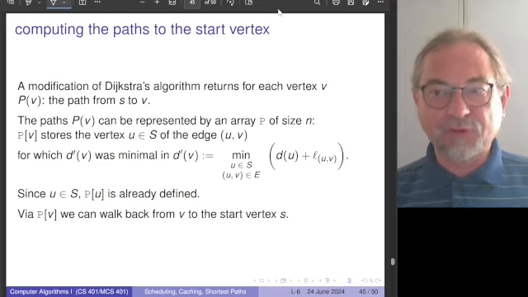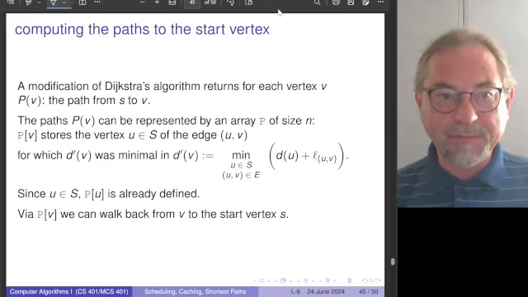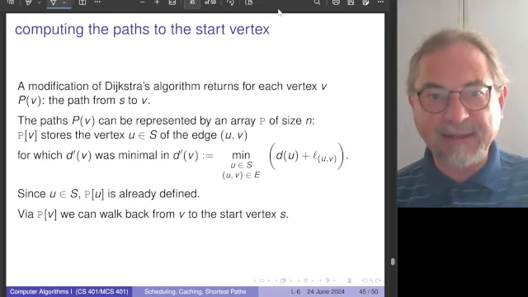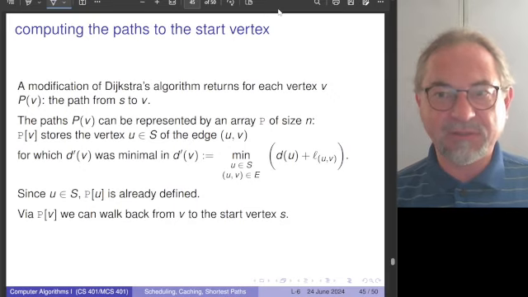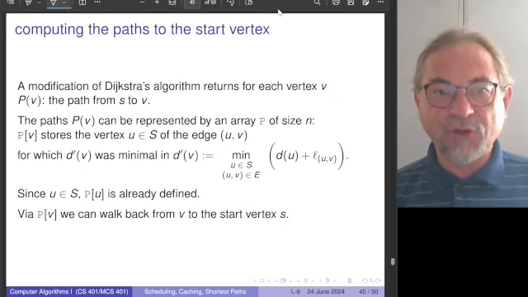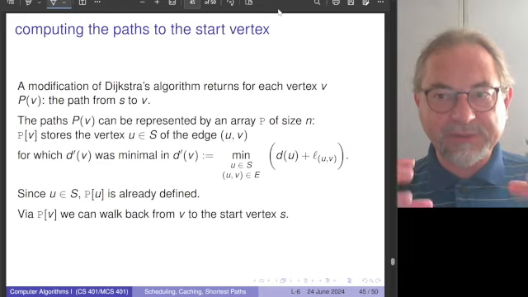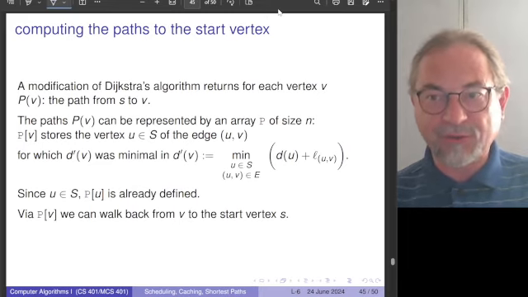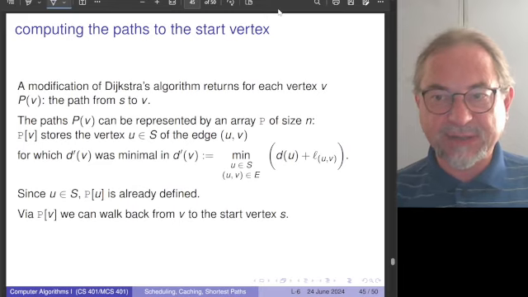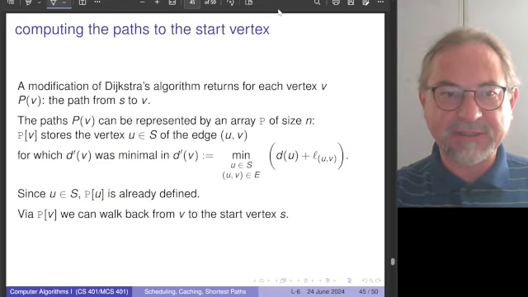You can store those paths by maintaining an array with the predecessor vertex. So when you select a vertex for which the distance is minimal, you actually know also the edge that connects that new vertex to the set S.